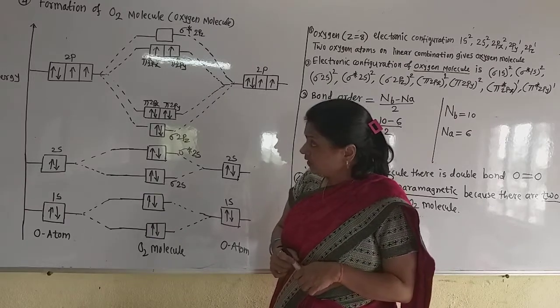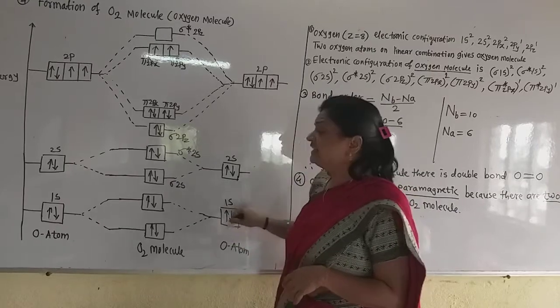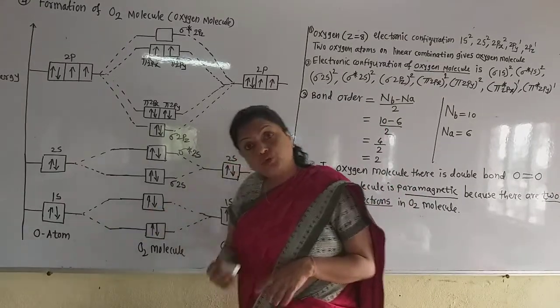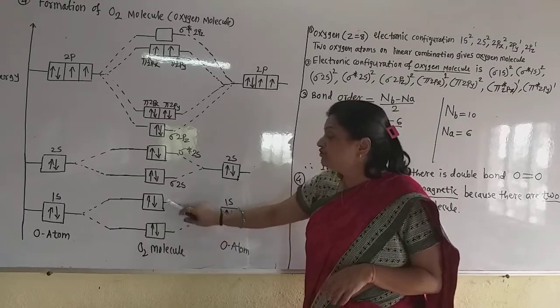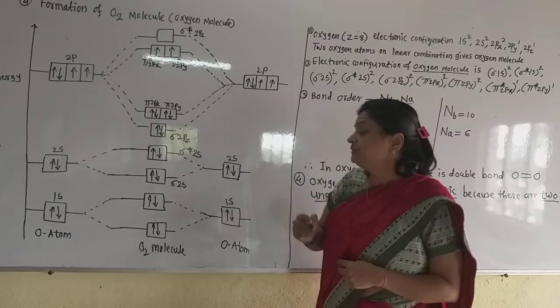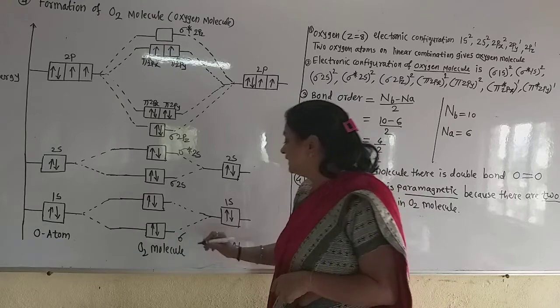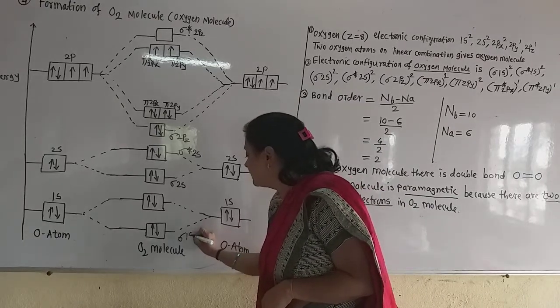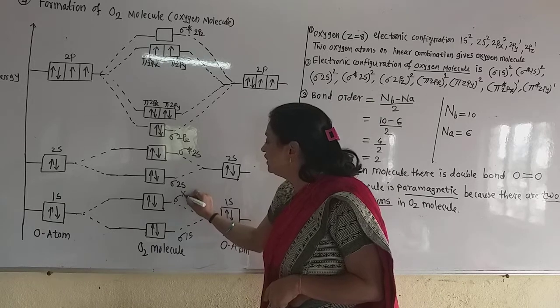Now due to the linear combination of these two 1s orbitals of the two different oxygen atoms, there is formation of two molecular orbitals. Out of them, one is the bonding molecular orbital. The name of that orbital is sigma 1s. And another is the antibonding molecular orbital.